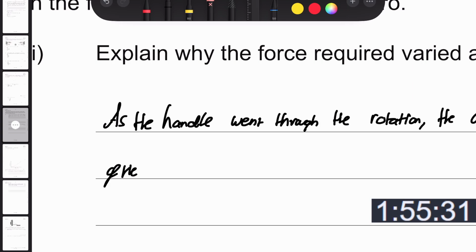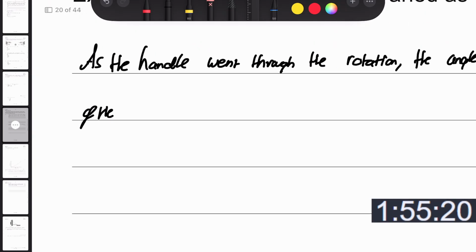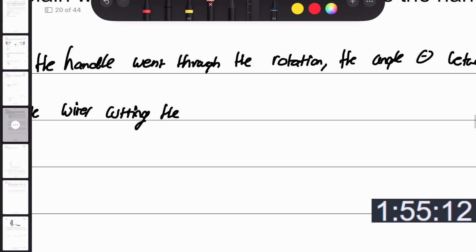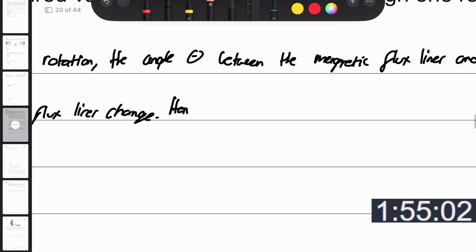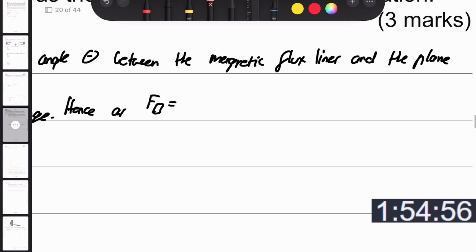Should I say the rotor? Of the wire cutting the magnetic flux lines, hence the magnetic force is going to be equal to ILB sine of theta.